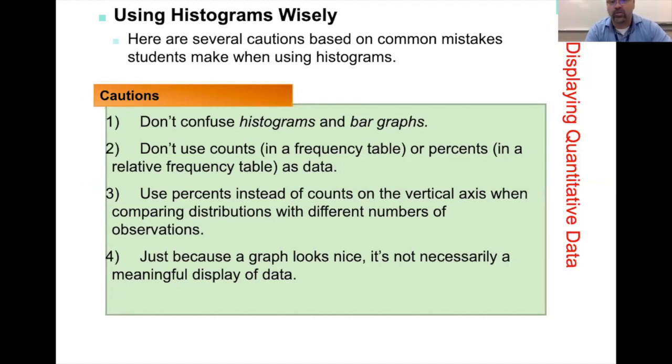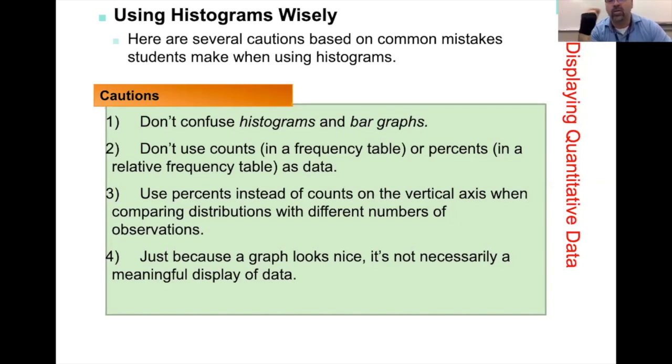Don't use the counts or percents as the data. That's not the data. The data are the individual scores. If you have different distributions with different numbers of observations, you probably don't want to use exact counts.